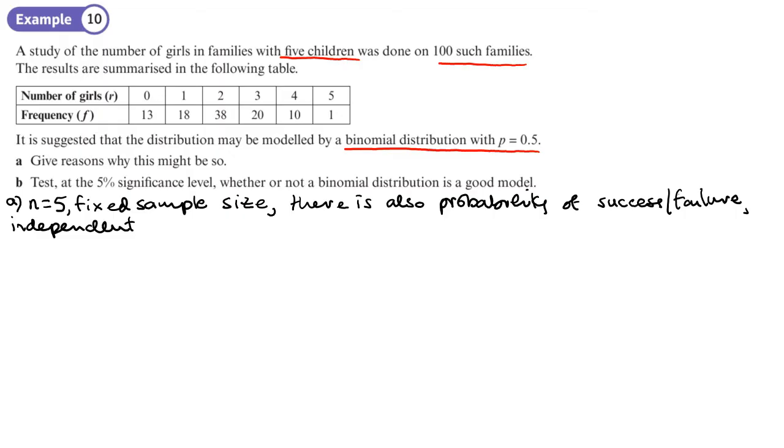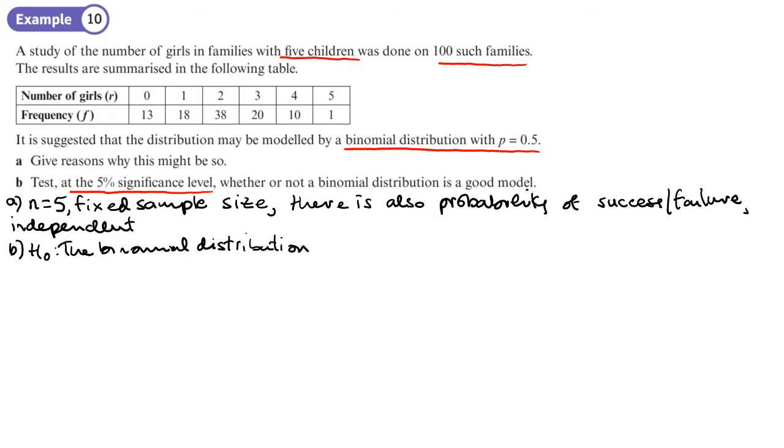So part B, test at the 5% significance level whether or not a binomial distribution is a good model. So let's start with H0 and H1. The binomial distribution, and you can state what that is in the question.